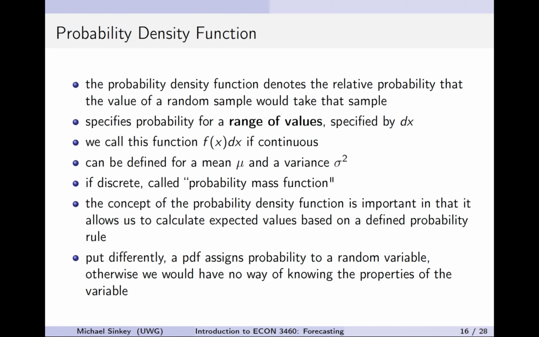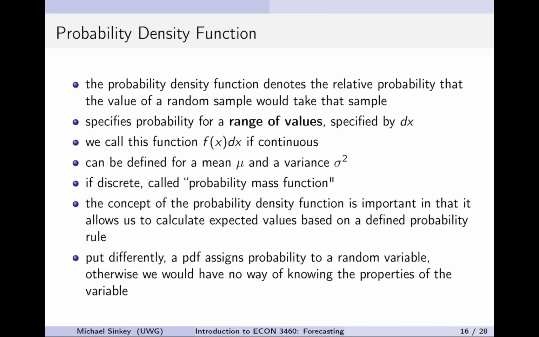So the cumulative distribution function is one way to describe the random variable, in that it describes an area where many of the values are likely to occur. Now, the probability density function we call small f of x, and it tells us the relative probability that the value of a random sample would take that value.